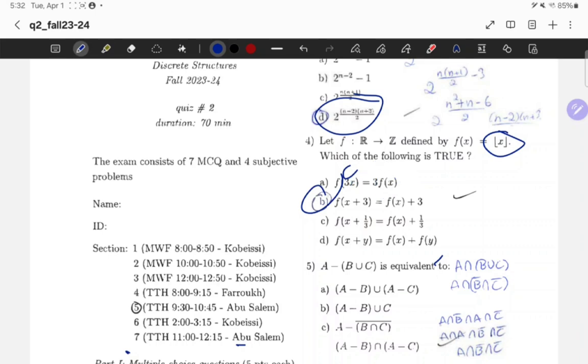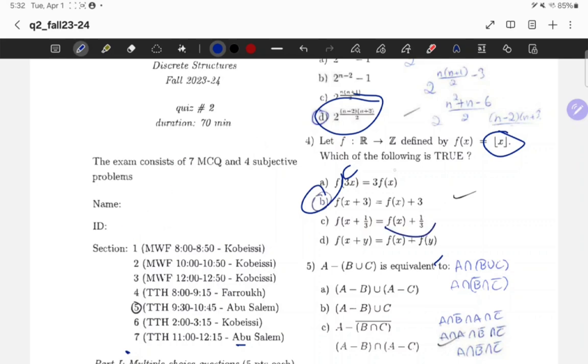Let's go through the other examples. Here, why is it wrong? Because maybe I had 3 plus 2 over 3, and then I add 1 over 3, and what I'm left with is 4, because 3 plus 2 over 3 plus 1 over 3, its floor is 4.